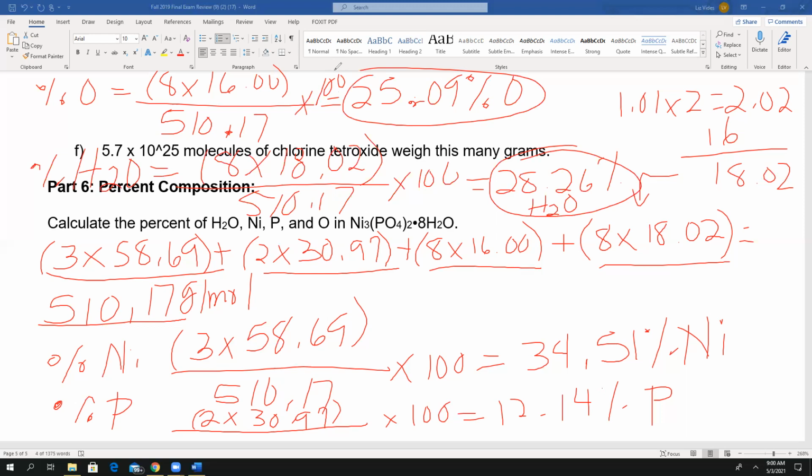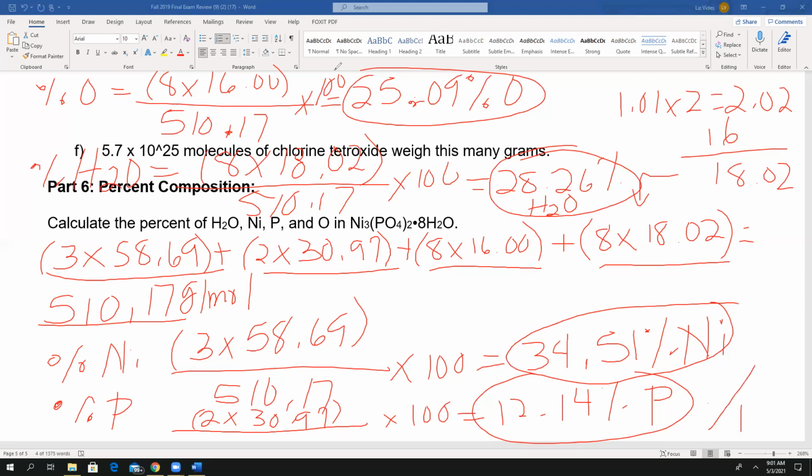Now, if we were to add all of these, this one, this one, and this one, we should get 100. Let's see. 25.09 plus 28.26 plus 34.51 plus 12.14 gives me exactly 100.